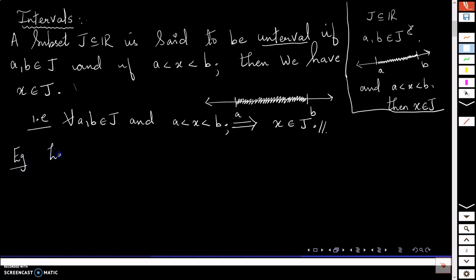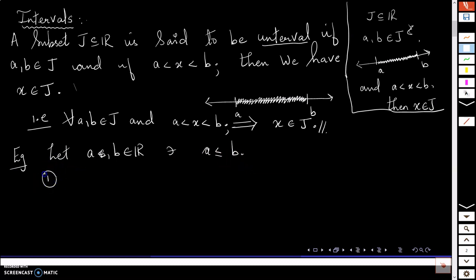Supposing A and B are two real numbers such that A is less than or equal to B. Then we define the following intervals.